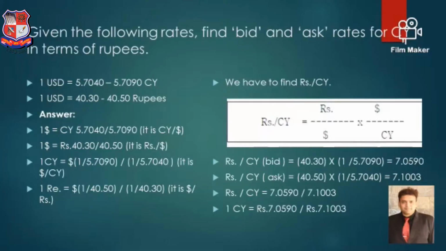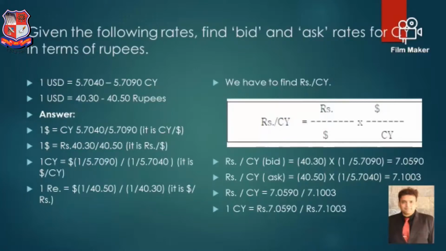The rates are not given between Chinese yuan and rupees. The rates are given like this in the example: $1 equals 5.7040 Chinese yuan bid rate and 5.7090 Chinese yuan ask rate. And again $1 equals 40.30 rupees bid rate and 40.50 rupees ask rate.